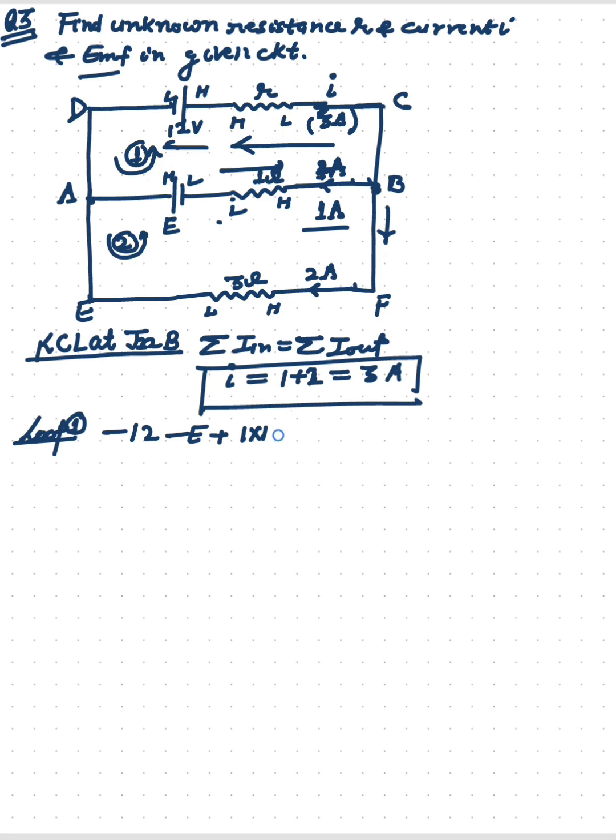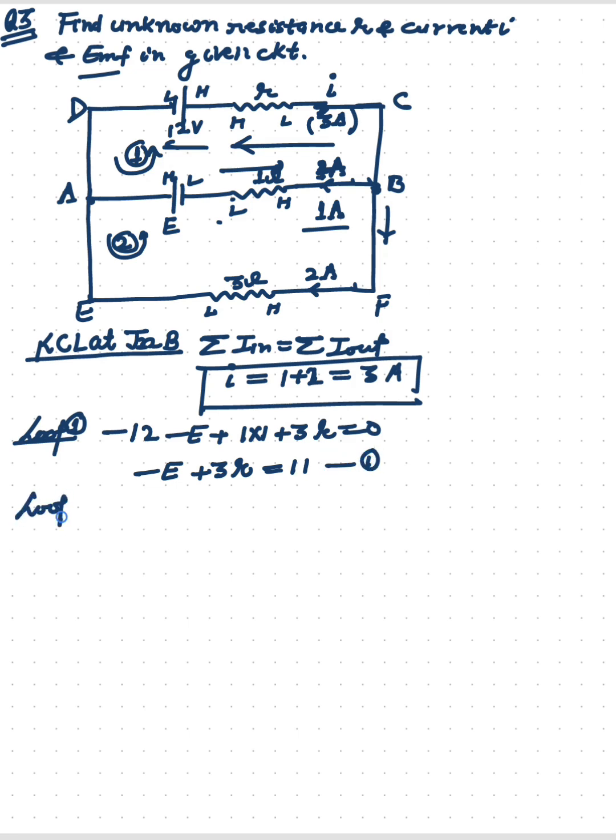So this will be plus 3, and this resistance is r. This equals 0. Clear? Any problem? No. So minus E, and plus 3 small r, and minus 12, and plus 1, so this is minus 11. So let me write it on the right side. This is equation number 1.